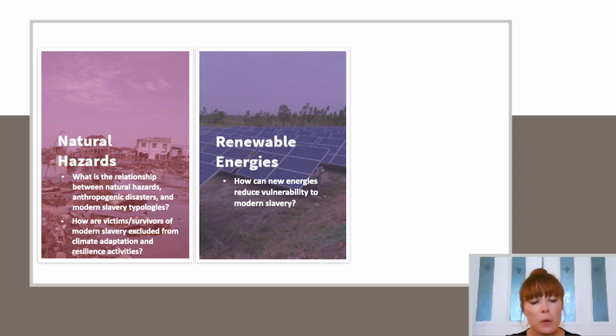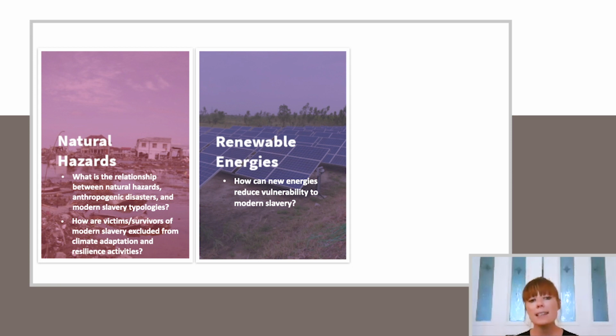So a project which we're hoping to launch in the very near future is looking at whether renewable energies can reduce energy poverty. We know that in some parts of the world, energy poverty is a contributing factor to trafficking of women. It also contributes to their migration into urban areas where they might be more susceptible to trafficking as well.